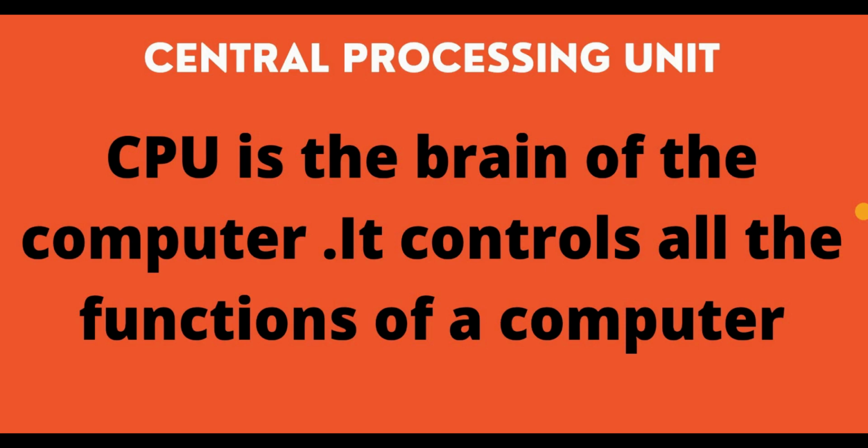It does all calculations and displays the result on the monitor screen. It also stores information. So CPU has three parts. What are they? It displays the output, it does the calculations and it stores the information. Let us learn the parts of CPU.